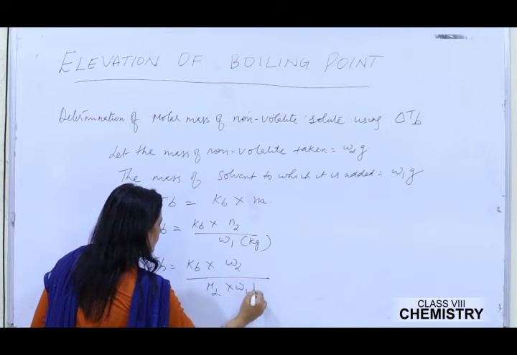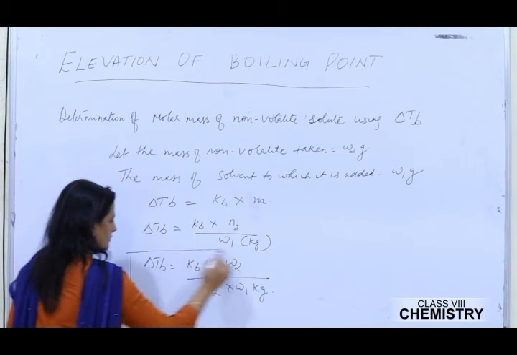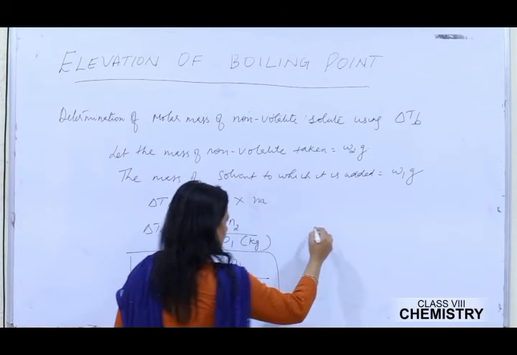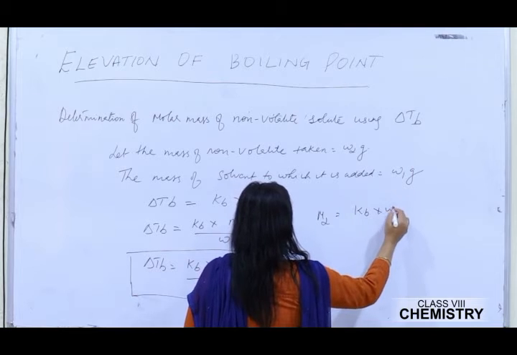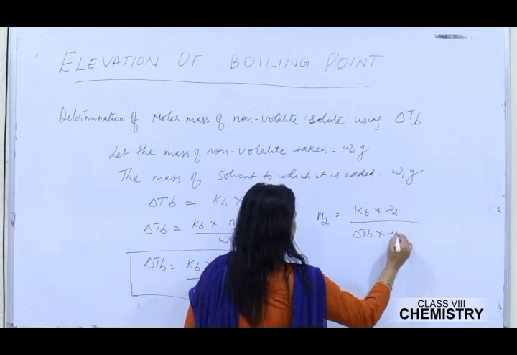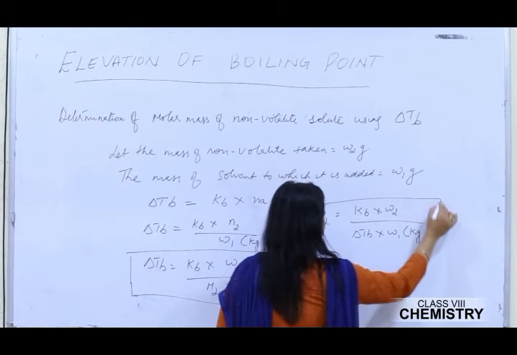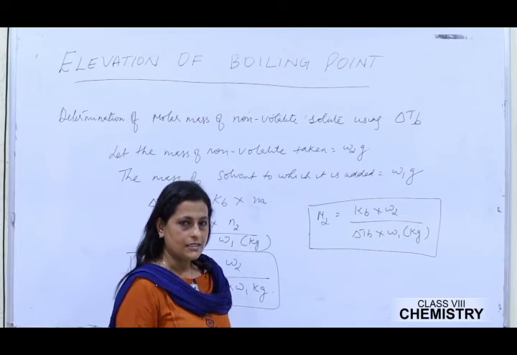So you get delta Tb equals Kb into W2 divided by M2 into W1 in kg. Or what can you get? M2 is equal to Kb into W2 divided by delta Tb into W1 in kg. So using this equation, we can calculate the molar mass of non-volatile solute.